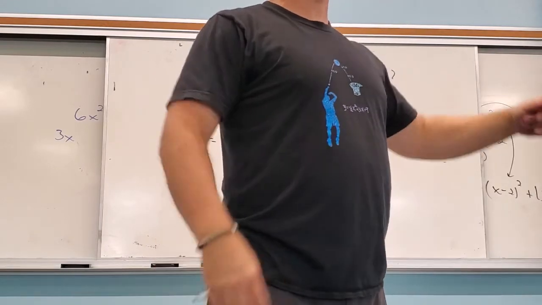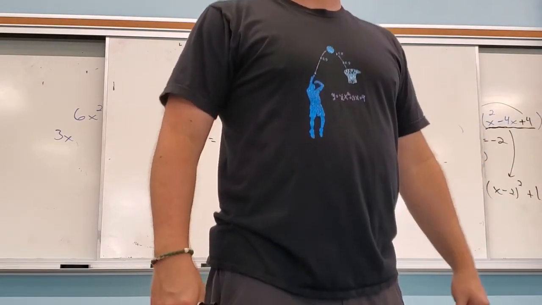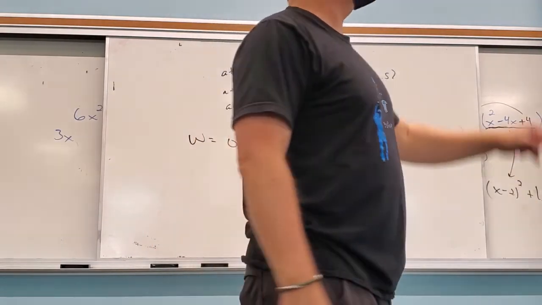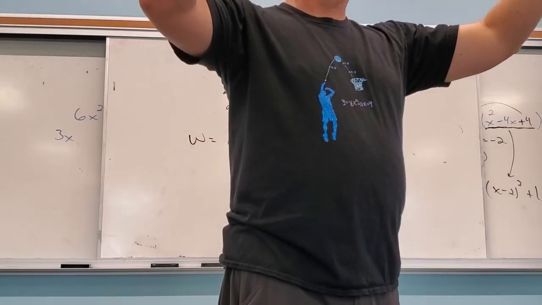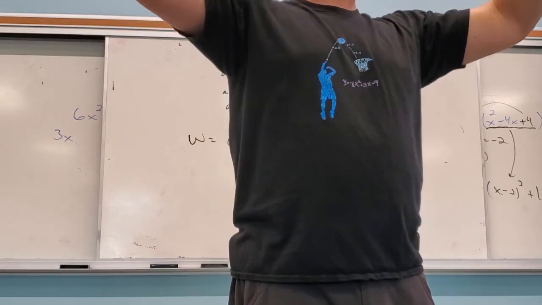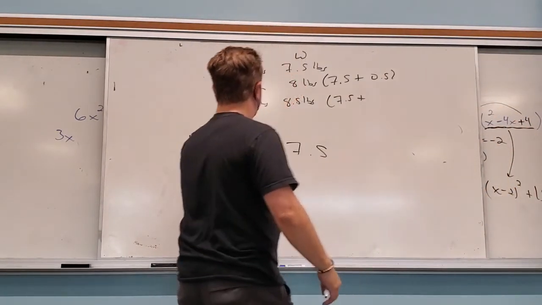Half a pound per month. So 0.5 times T. Are you guys all cool with the fact that 7.5 is the starting point? That's like the Y-intercept. That's the W-intercept, 0, 7.5. And how much does the weight change on top of that? Half a pound per month.